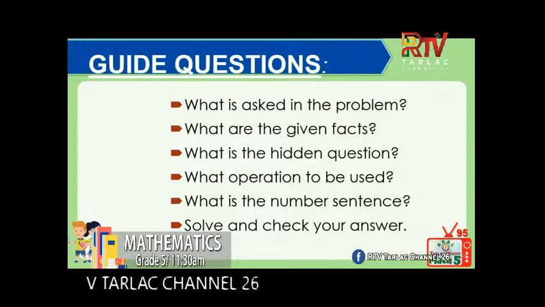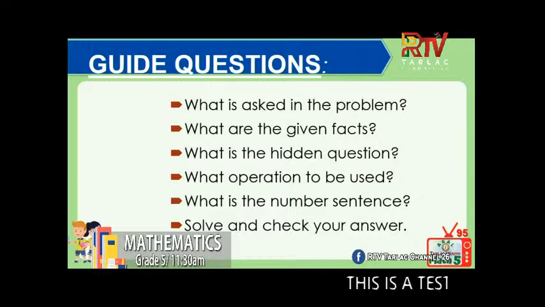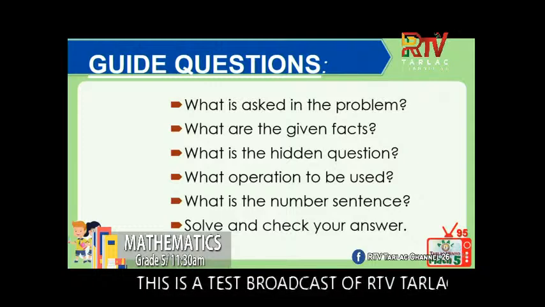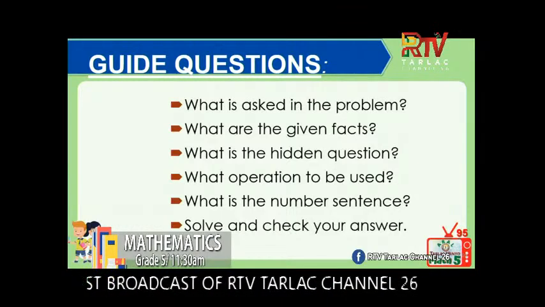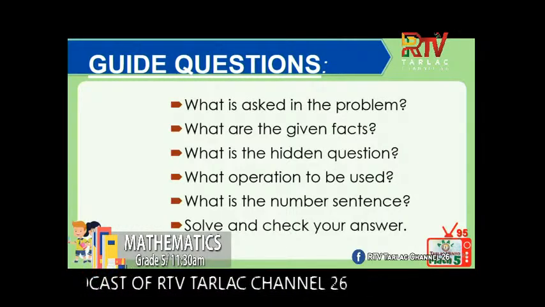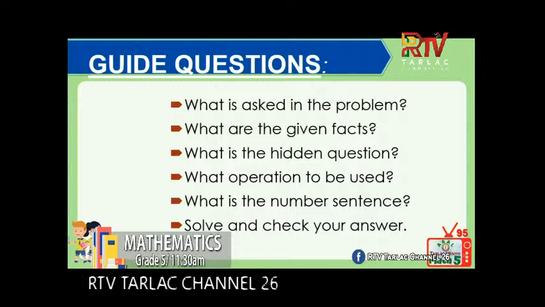These are: what is asked in the problem for letter A? Letter B, what are the given facts? Letter C, what is the hidden question, if there is any? Letter D, what operation to be used?